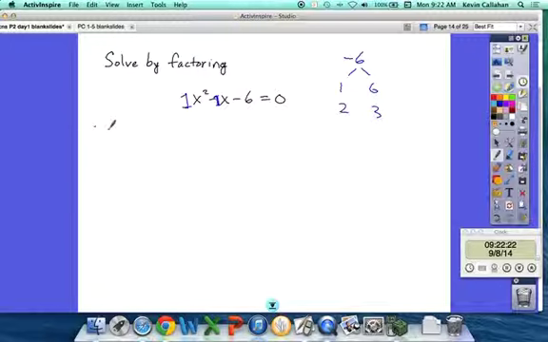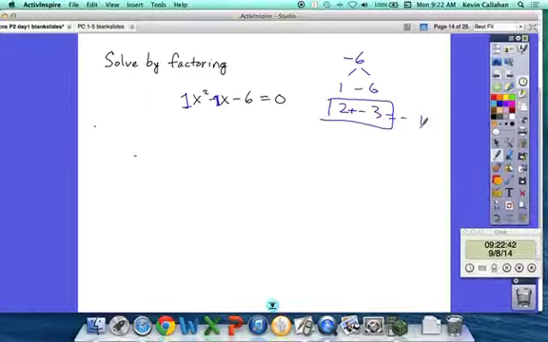Because they add up to a negative number, the bigger of the two must be negative. So it's either 1 times -6 or 2 times -3. Which one of those adds up to -1? This one right here, right? 2 plus -3 equals -1.